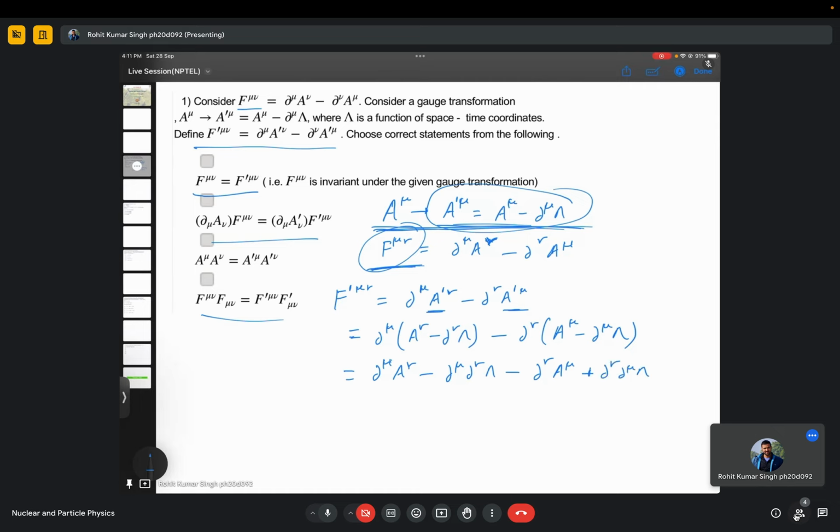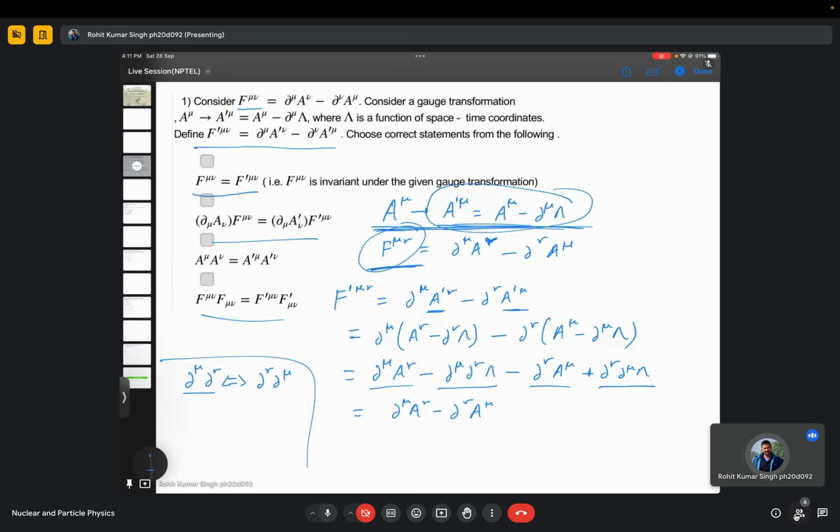Okay. Now let's take these two together. These are essentially the same thing, because the only difference is the order of differentiation, just the interchange of mu and nu indices. It doesn't matter, because you know that del mu del nu is the same as del nu del mu.